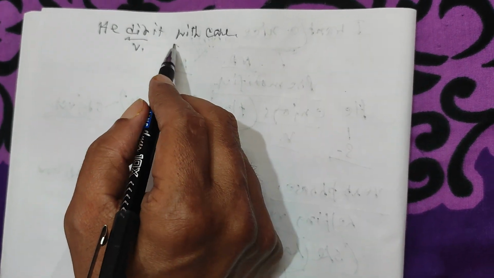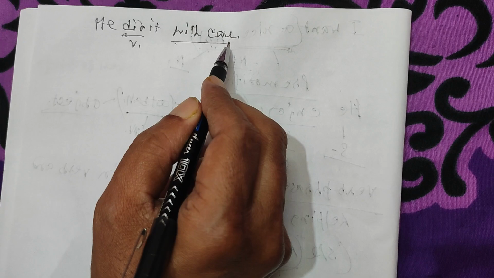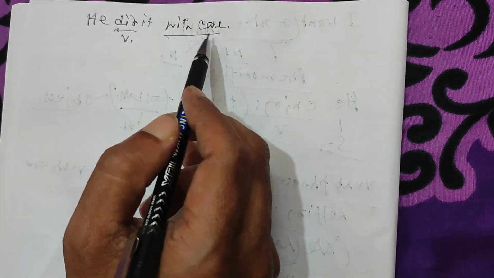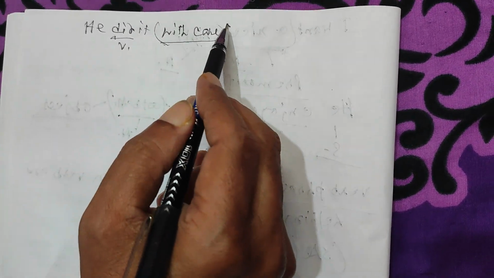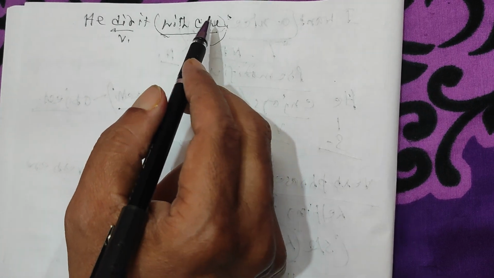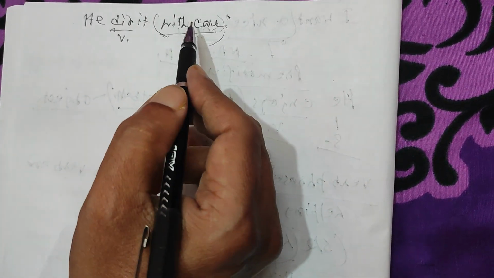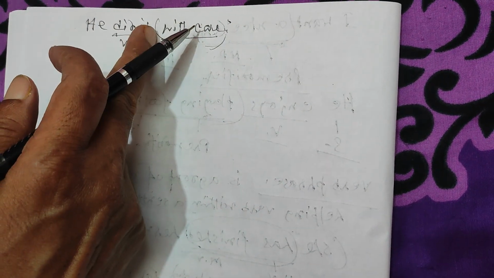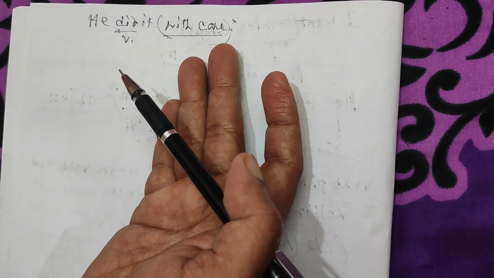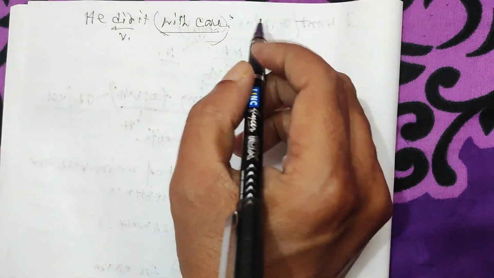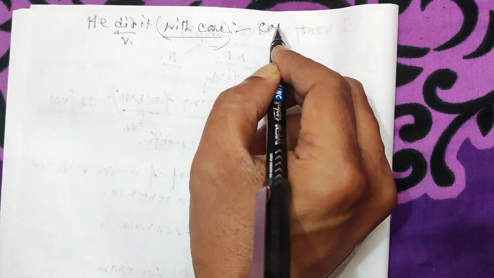How did he do it? He did it with care. So this phrase is clearly doing the role of an adverb here. Adverb of manner is expressed here. That means he did it carefully.